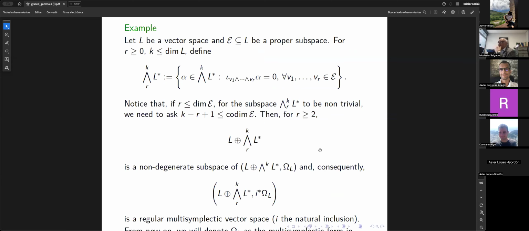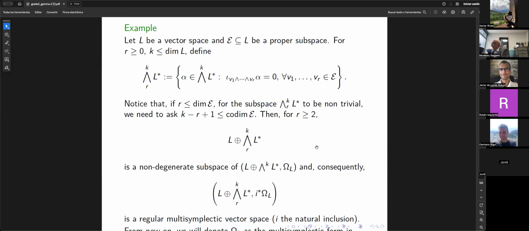And of course, one can consider this kind of model spaces. I will skip this because we don't have time. When you study, for instance, in Abraham and Marsden, symplectic vector spaces, the first condition is that you have a vector space L, and the direct sum with L star, the dual, gives a symplectic vector space.